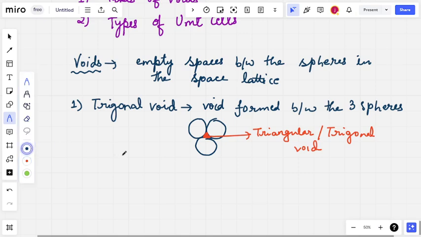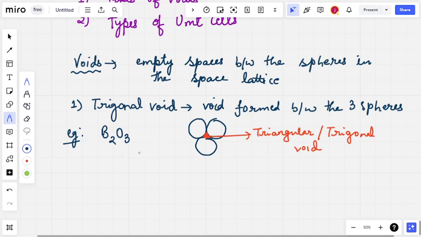So the example of the trigonal void is B2O3, a solid of boron. B2O3 is the crystal structure.